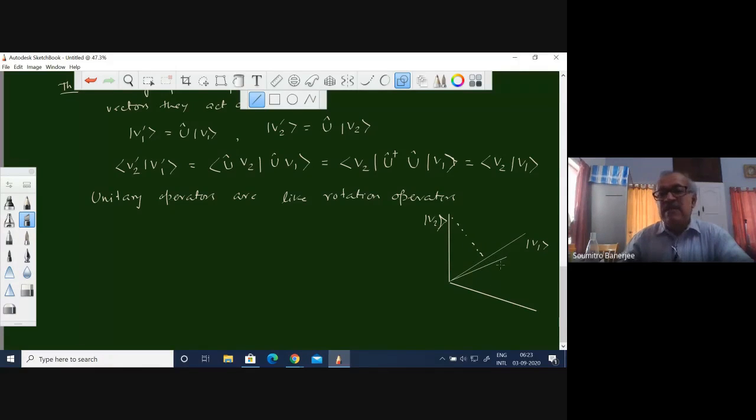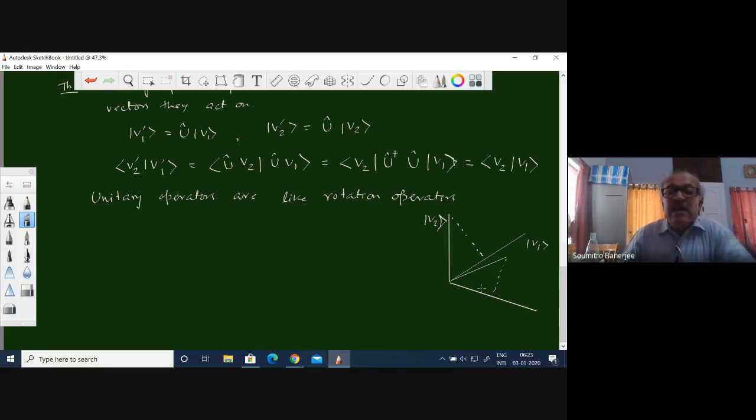So this one is rotated to this. Basically, this one has come here by application of this unitary matrix, and this one has come here, and now its projection remains the same.